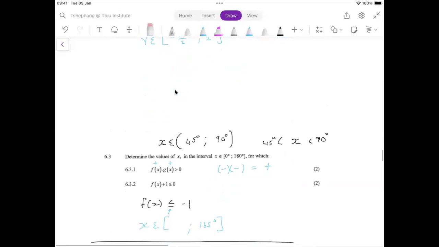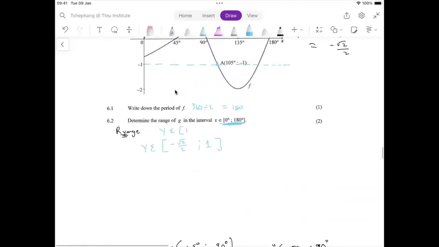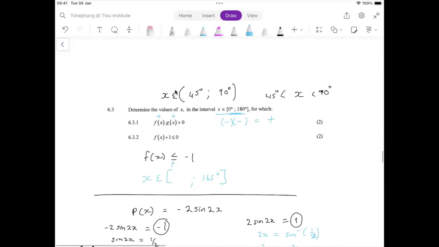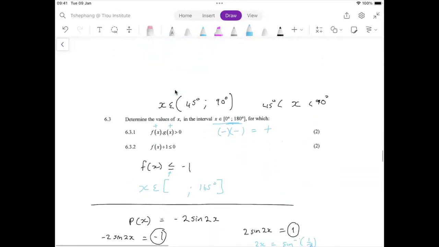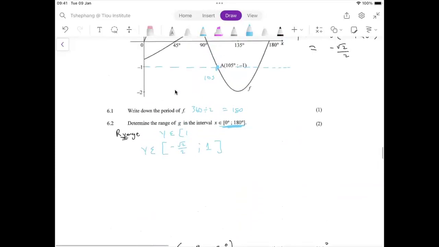Because they said the values of x in this interval for which the graph is under, right? I drew my line there. The first value where it's under is the value at A, where it's 105. I mistakenly put 45 there, which was incorrect for 6.3.2. So this part, that's the part where it's under. What is this x value at the point A? It must be 105. That's the x value at that point. My mistake, I mistakenly put 45. That's definitely my mistake there.